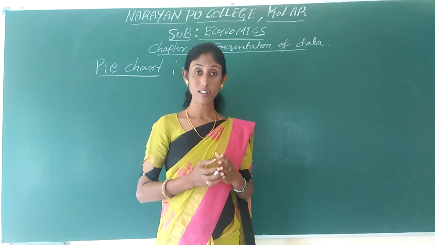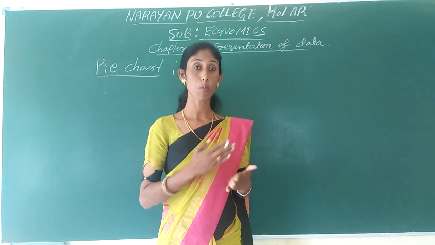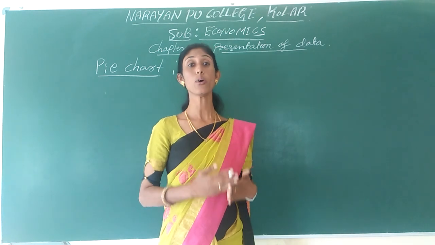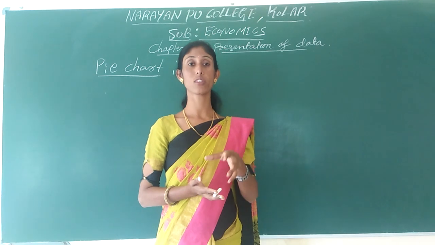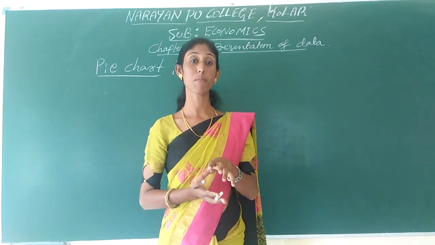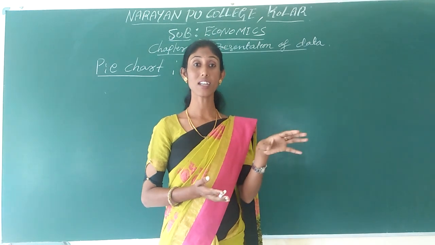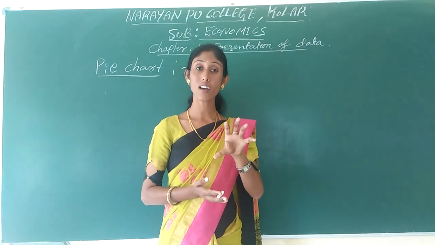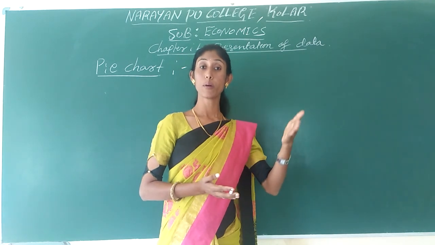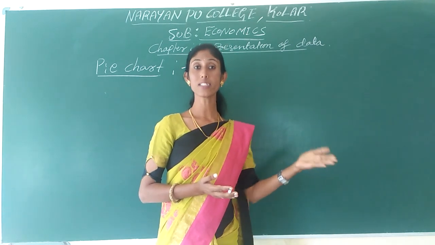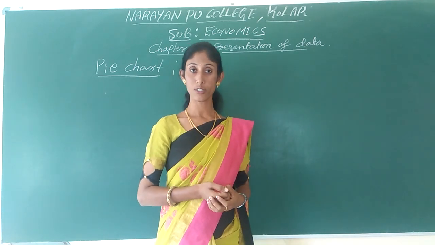That is nothing but a pie chart. A pie chart is a chart in which the circle is divided into different components or different angles to represent the data. Understood, right?